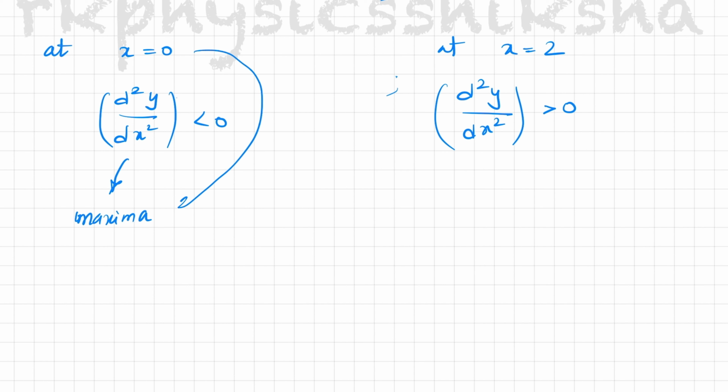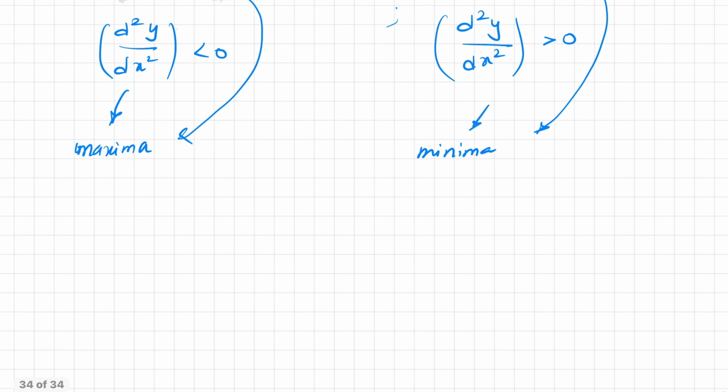So you will have maxima at x is equal to 0. The value of y will be maximum at x is equal to 0, and its value will be minimum at x is equal to 2. Let us calculate those values also.